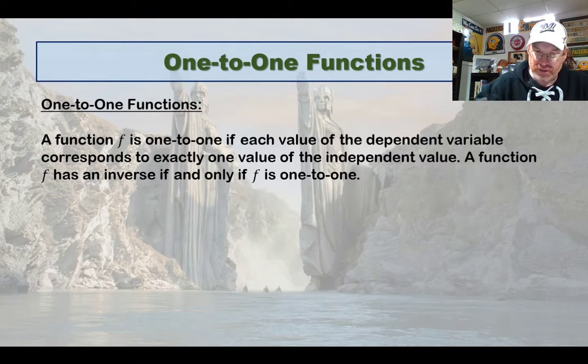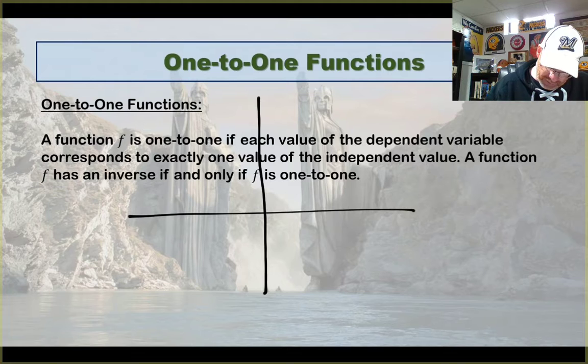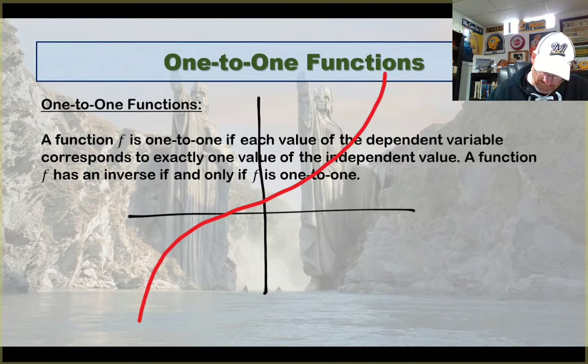So let's use an example of an actual one-to-one function. Let's say that I have a graph that looks like that.